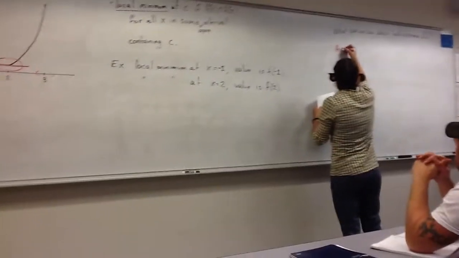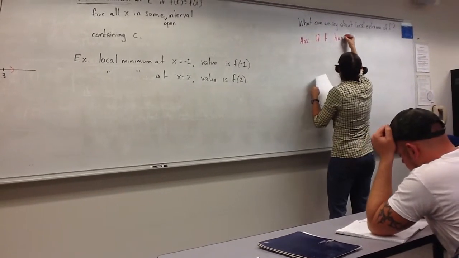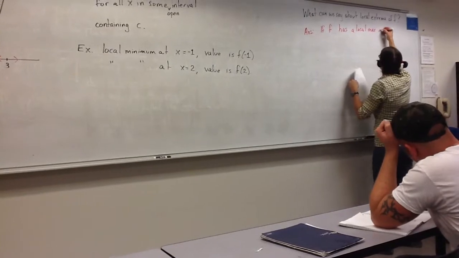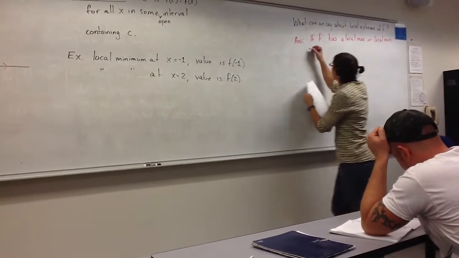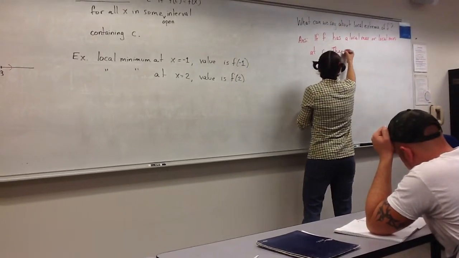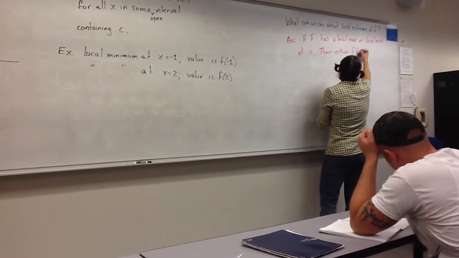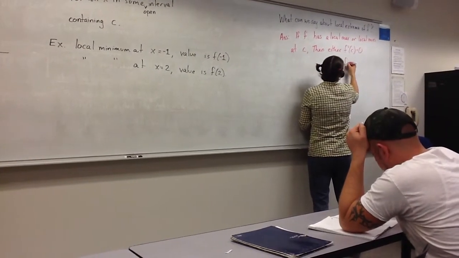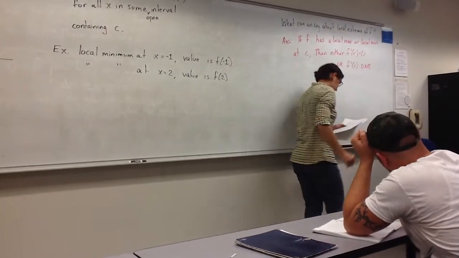So the answer is: if the function f has a local max or local minimum at the x value of c, then either f prime of c is equal to 0 or f prime of c does not exist.